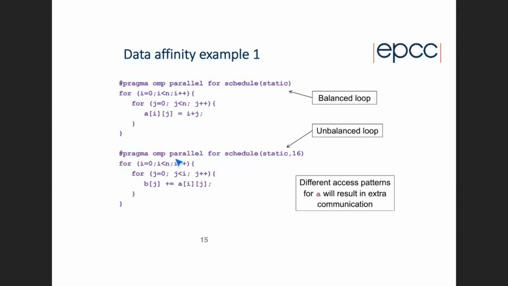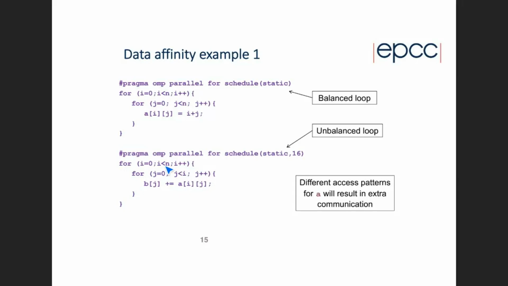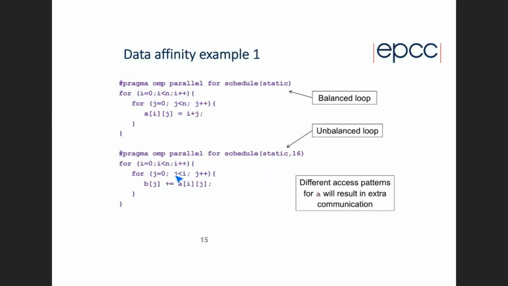So if we parallelize the outer loop, the i loop here, using a parallel for directive, then this is a badly balanced loop because the amount of work depends on the value of i. The number of iterations of the inner j loop depends on the value of i.